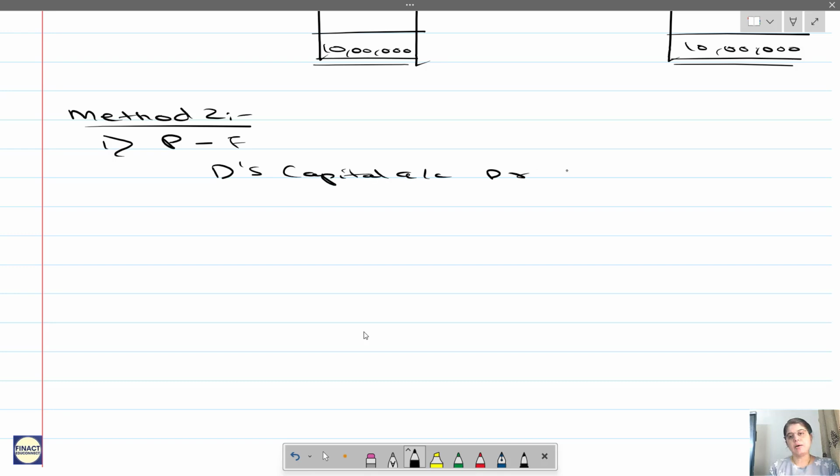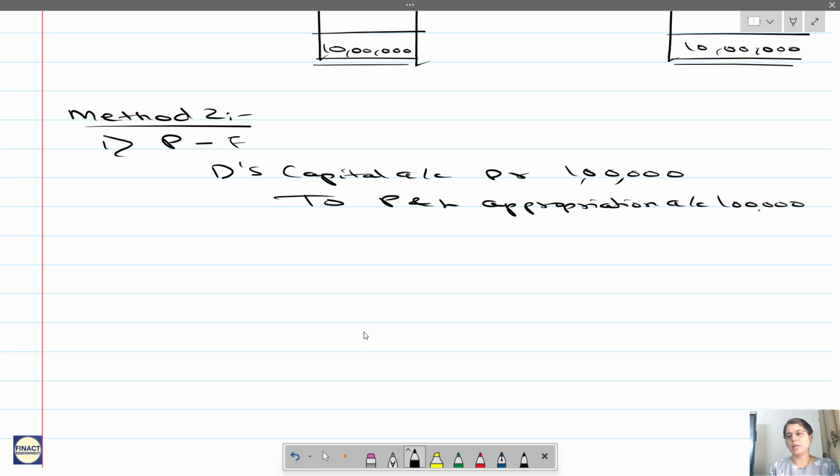D's capital account debit 1 lakh to profit and loss appropriation account 1 lakh. Okay, then second entry will be for distribution of profit. I am not doing that entry, this will be already done.